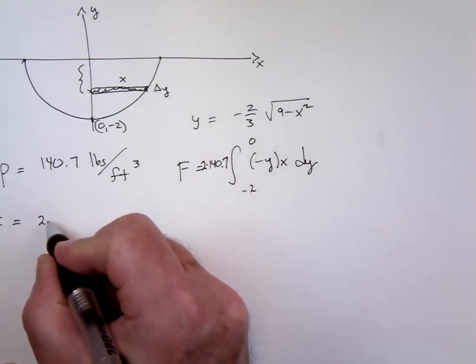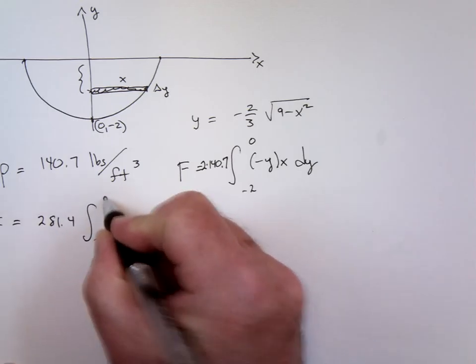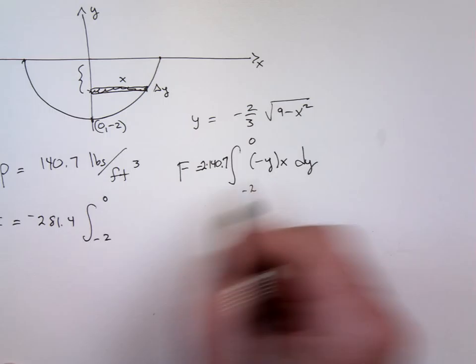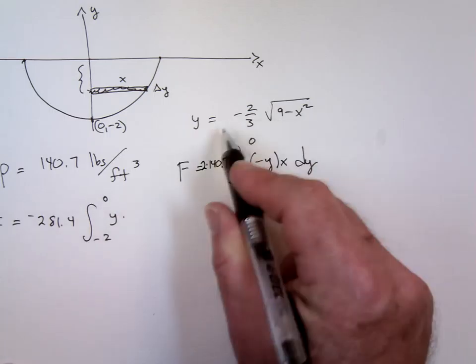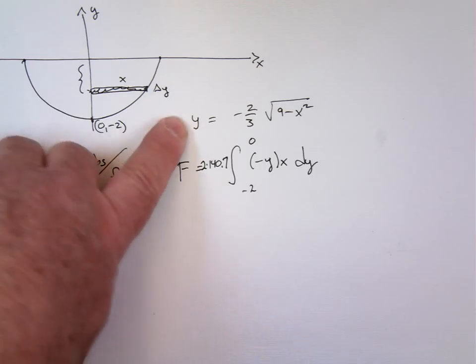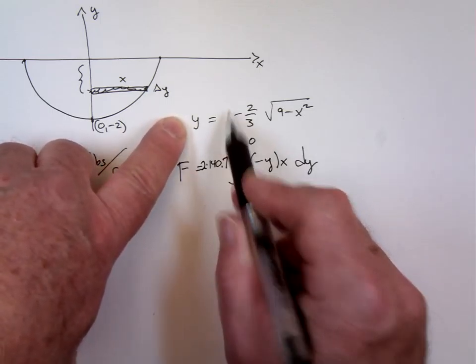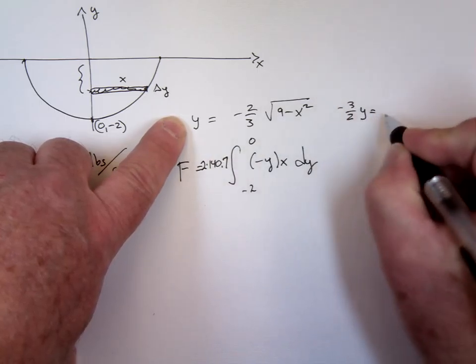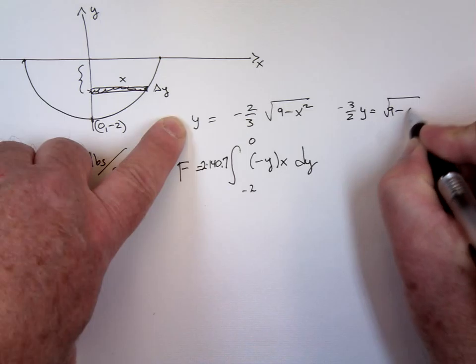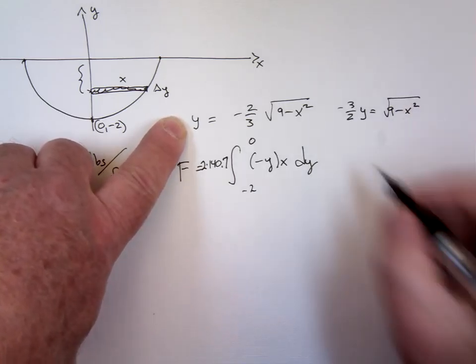It's 281.4, negative 2 to 0. Take the negative out, you have a y. Now we have to get x in terms of y. Multiply by negative 3 halves. Square both sides.